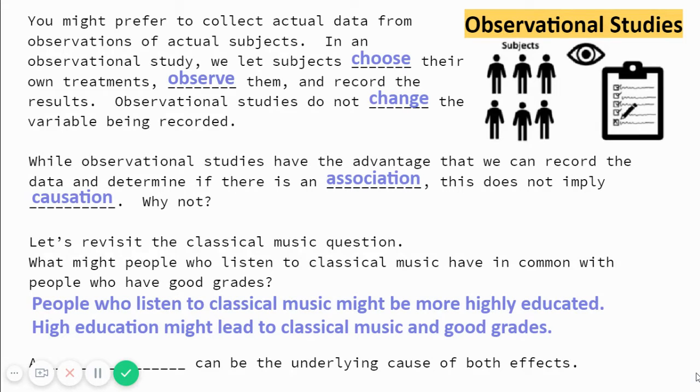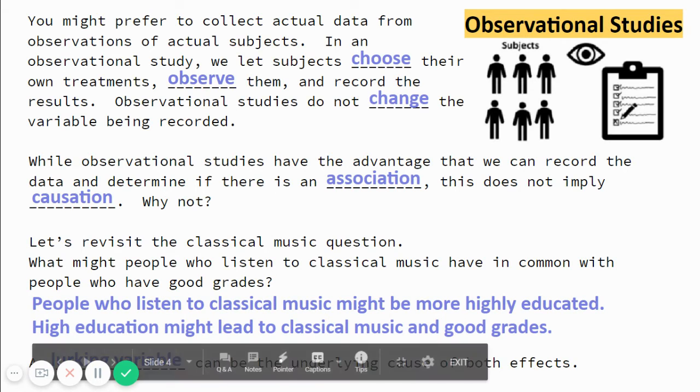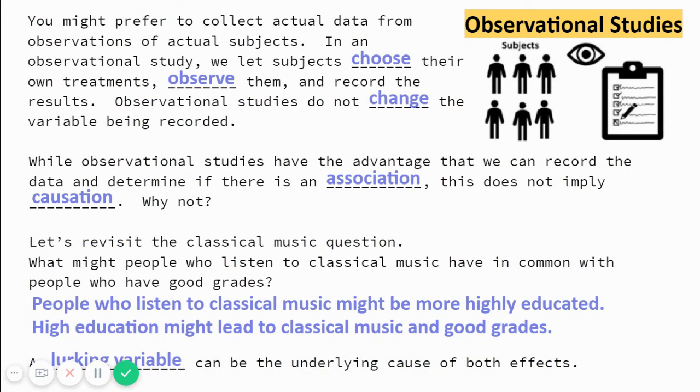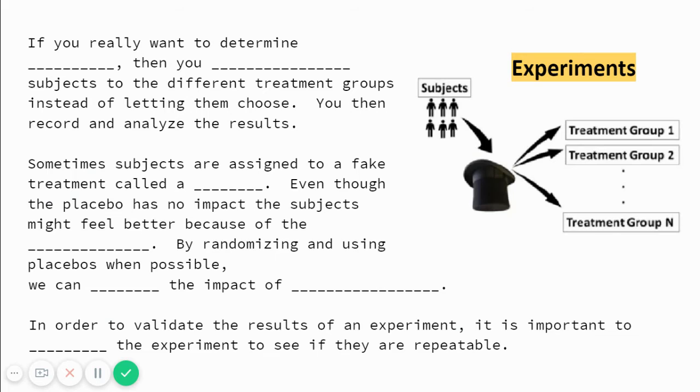Ha ha ha, I'm kidding. Okay, this is very important. A lurking variable can be the cause of both effects. Lurking variables are very common. We have to be aware of them, and it's very difficult to identify possible lurking variables.